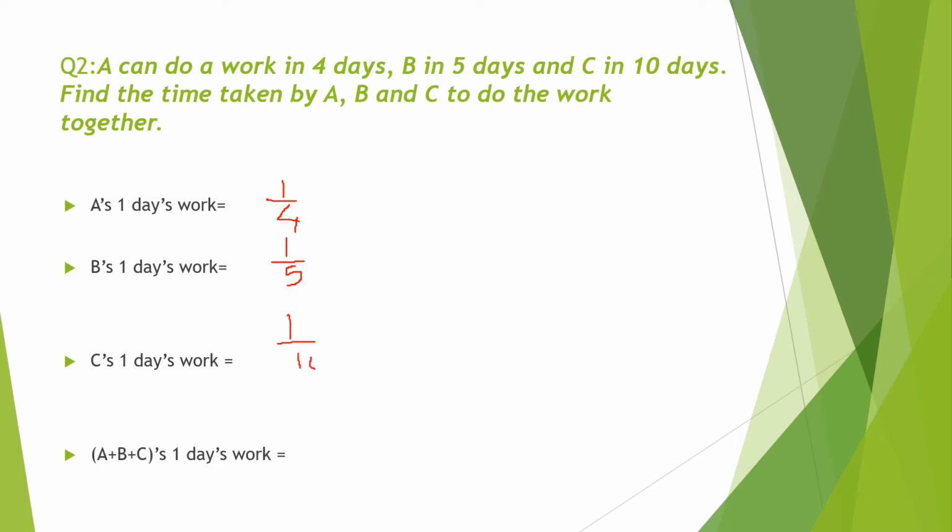The total for A plus B plus C is simply adding these three values, 1 by 4 plus 1 by 5 plus 1 by 10. When you take the LCM, which is 20, you get 11 by 20.